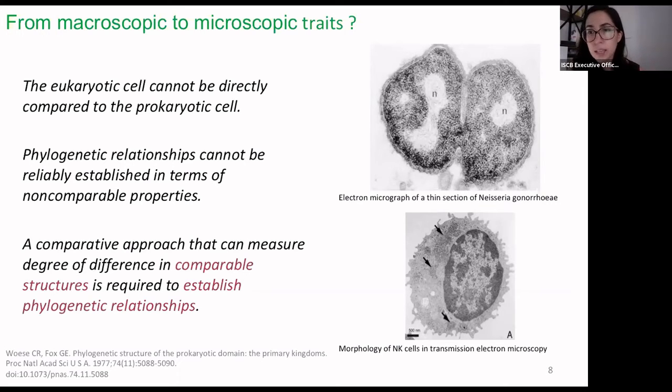And they say this because they already knew, according to the endosymbiosis theory, that the eukaryotic cell is a composite. So it's made of at least 2 cells that have merged and became one. So it's not possible to compare a prokaryotic cell to a eukaryotic cell that is a composite.